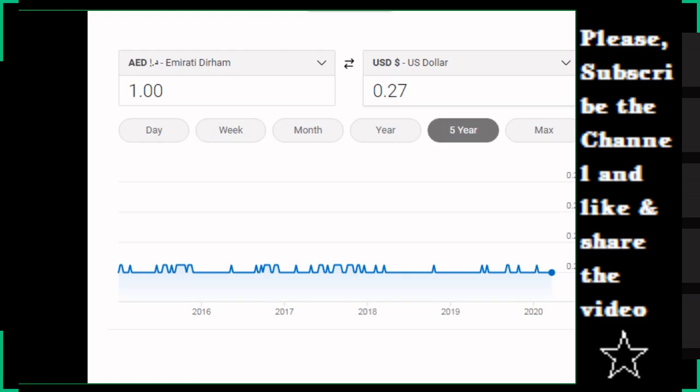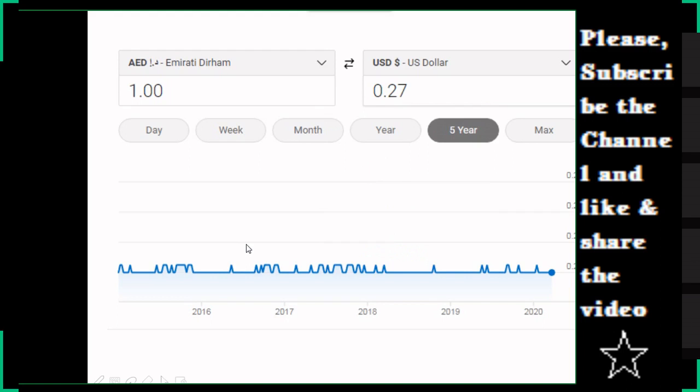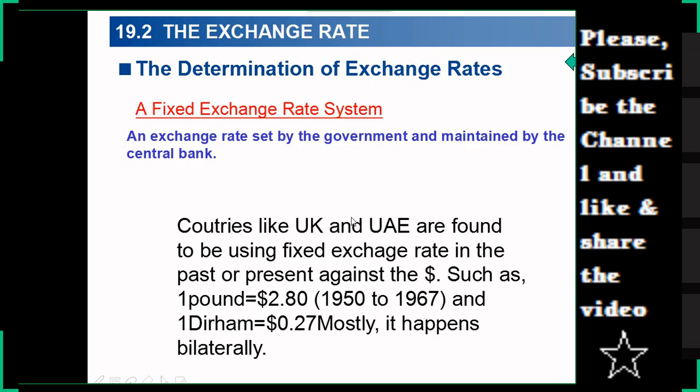Okay. Now see, this fixed exchange rate at this point of time, we are talking about against the dollar. But in the UK, basically, they also practiced a fixed exchange rate system against gold within the European countries.